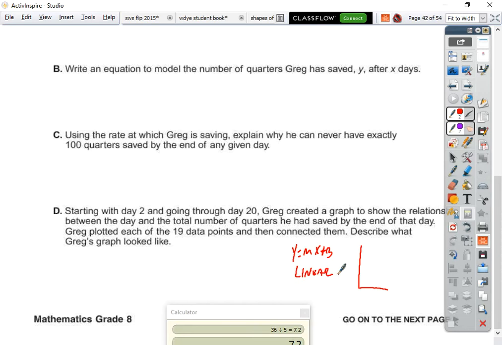And a linear relationship would look like a line. So you'd have to say it is a line with a slope of 3 and a y-intercept of 20. Right, that problem's easy enough.